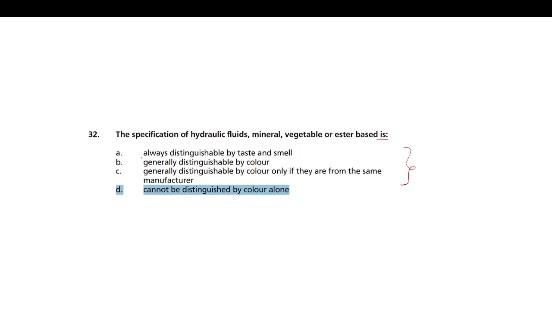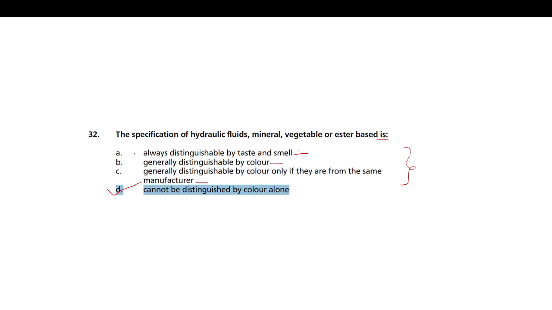Is always distinguishable by taste and smell. Generally distinguishable by color. Generally distinguishable by color only if they are from the same manufacturer. Cannot be distinguished by color alone. So D is the correct answer.